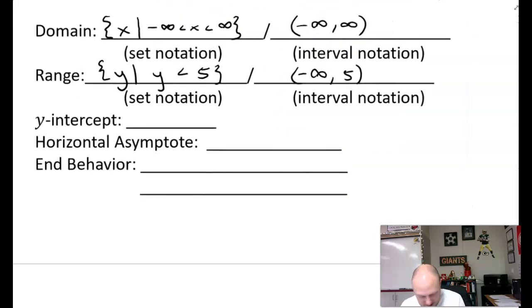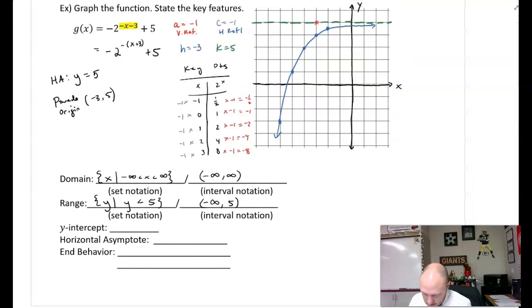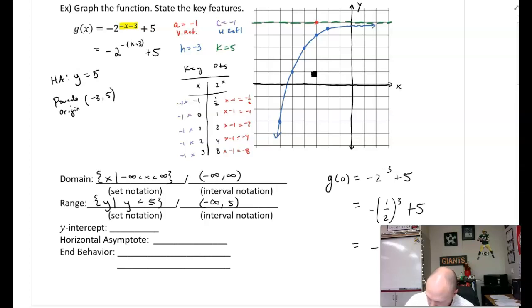Our y-intercept, that's not going to be an easy one. Let me go ahead and calculate g of 0. So we get -2 to the power of -3 plus 5. So this equals -1/2 to the power of 3 plus 5 equals -1/8 plus 5.